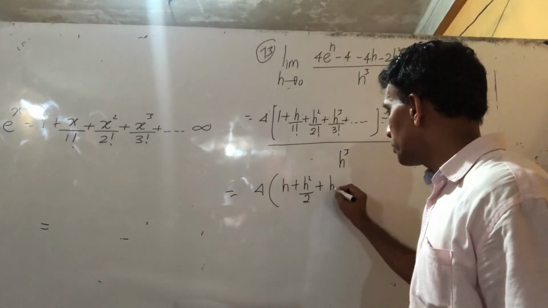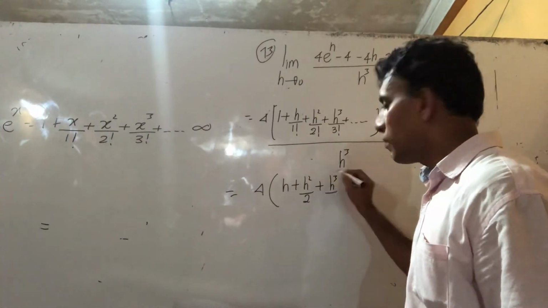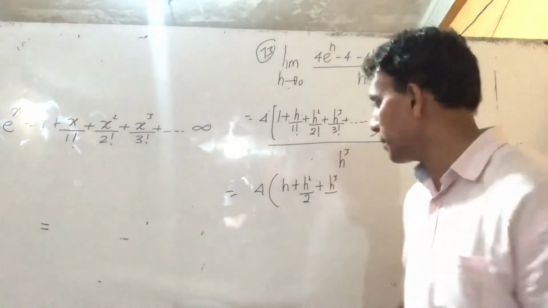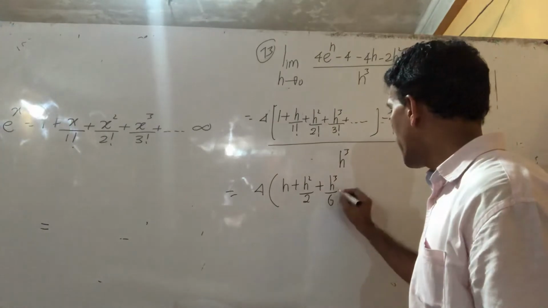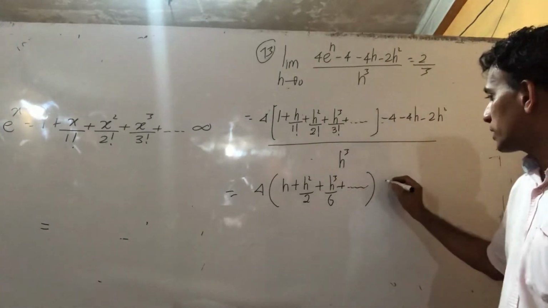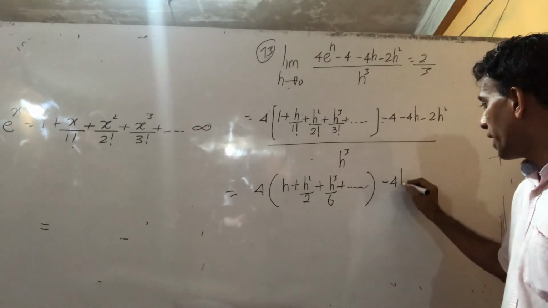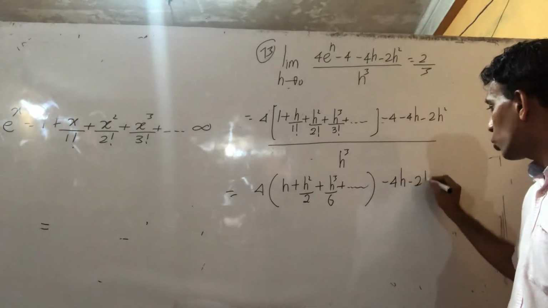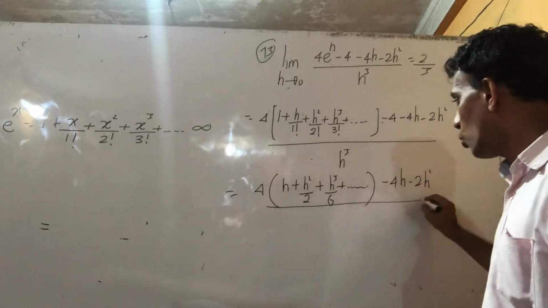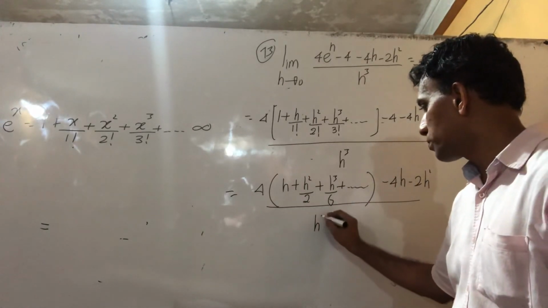H cube. But factorial 3 is 3 into 2 into 1, that is 6, okay? And so on, some values are available. So 4h cancels, minus 4h minus 2h square over h cube.